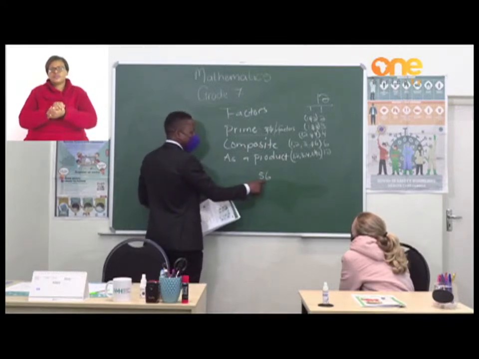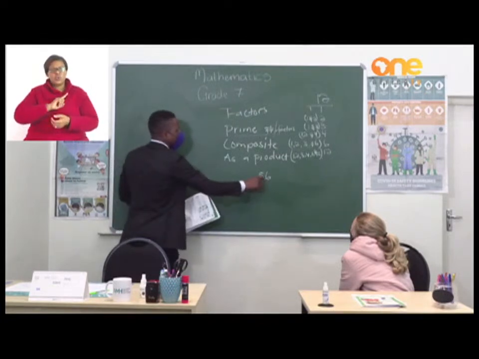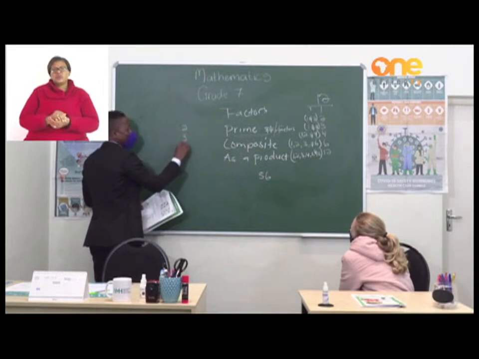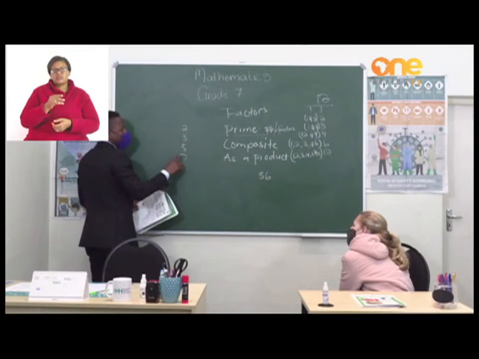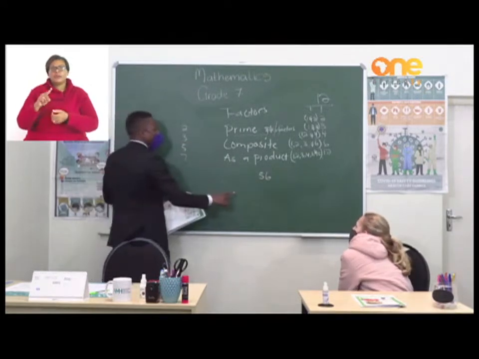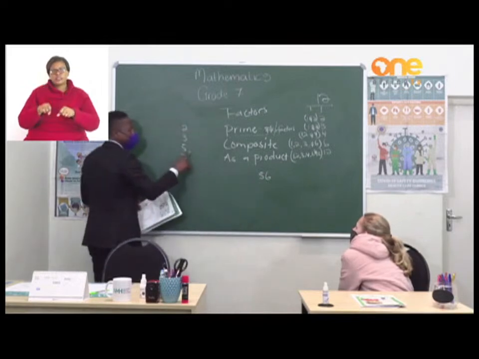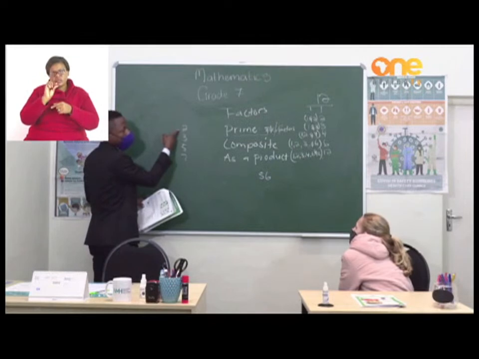Our starting point is 56, and then you have to halve 56. Why do we have to halve? Prime factors are 2, 3, 5, 7, and it goes on. But when it comes to factorizing, we start with the lowest possible prime factor, which is 2.